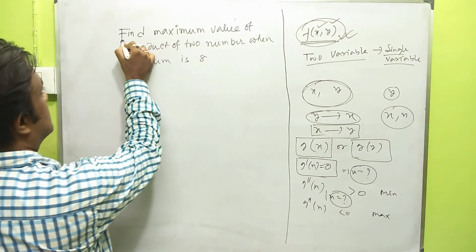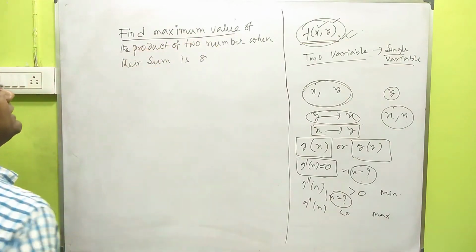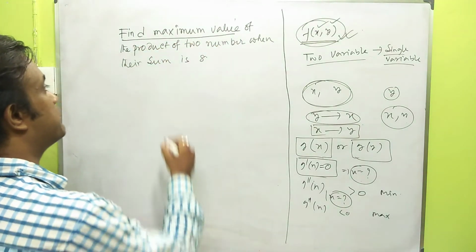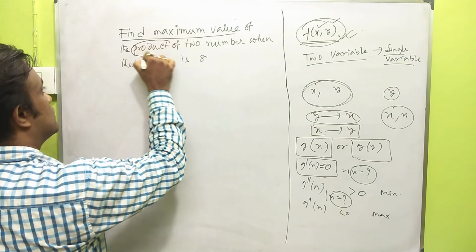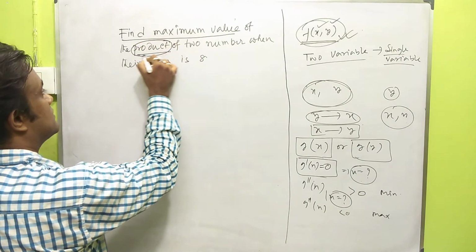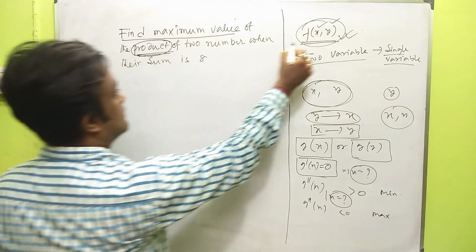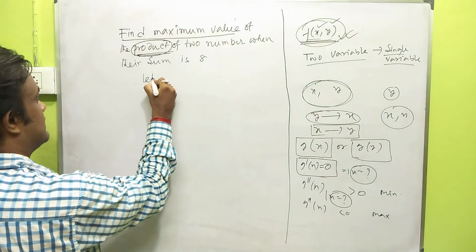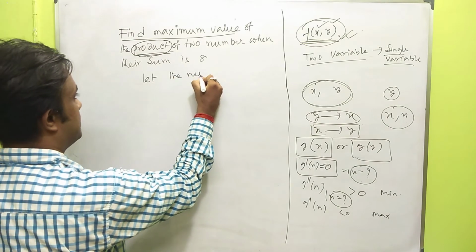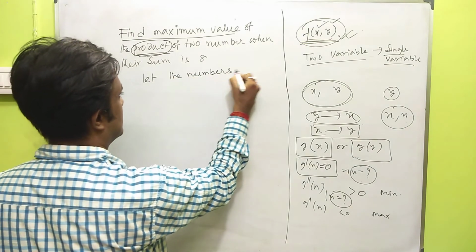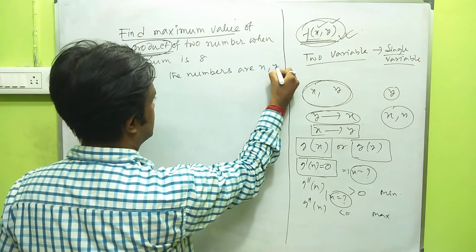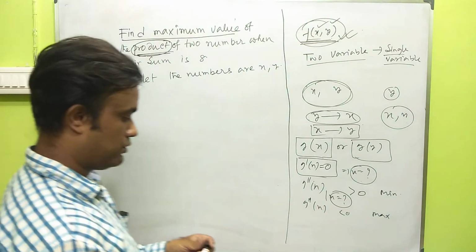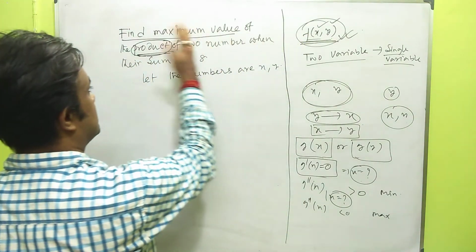Here it is given that we find the maximum value of the product. So this is f of x, y. So let the numbers be x and y. So please compare this with this sum.